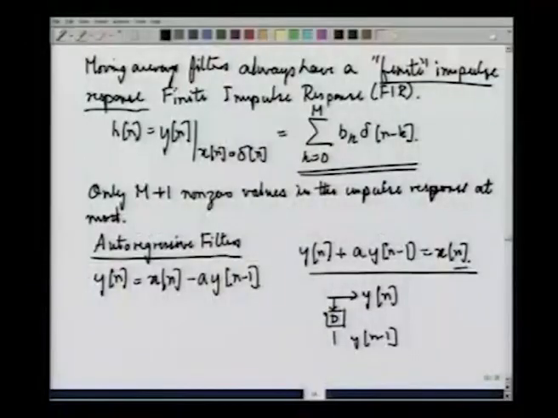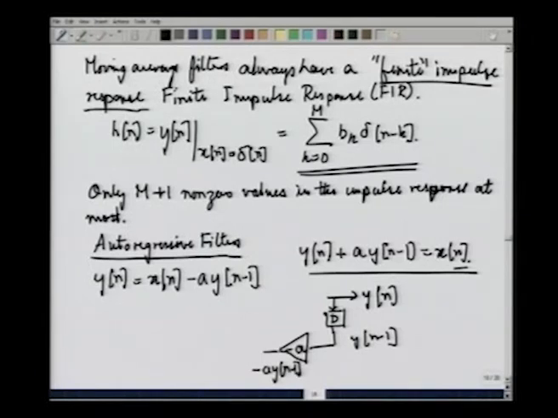And since we have yn minus 1 now, we will make the appropriately scaled version of yn minus 1, which is minus a. So, what you have here is minus a yn minus 1.